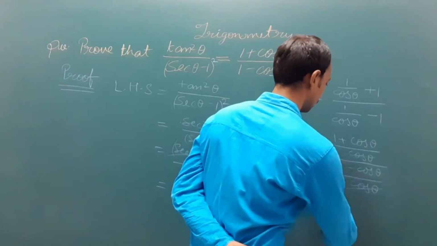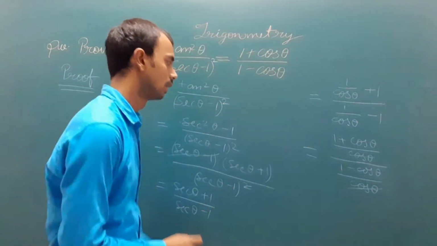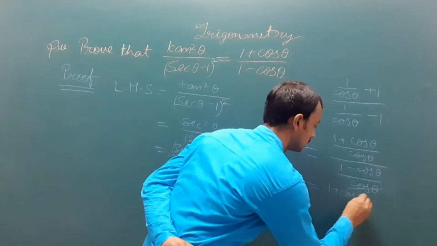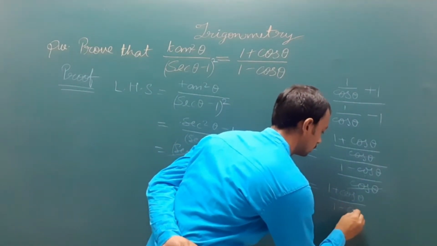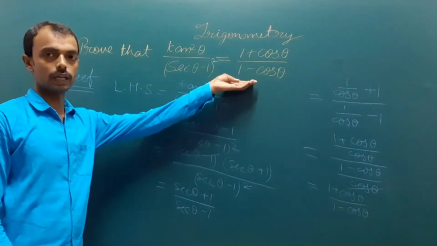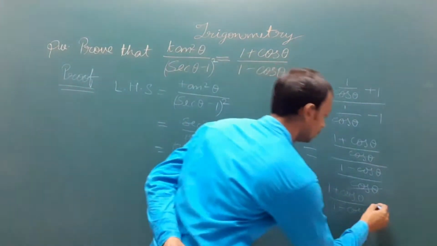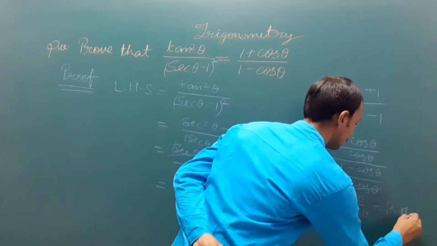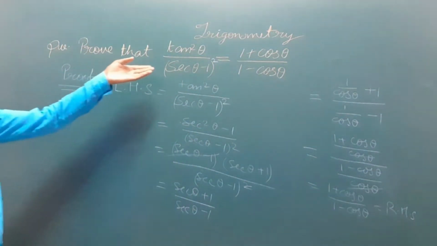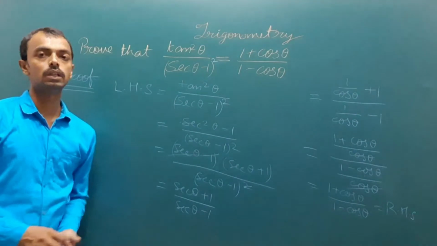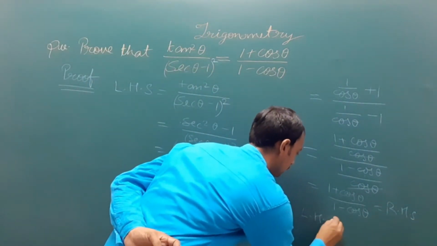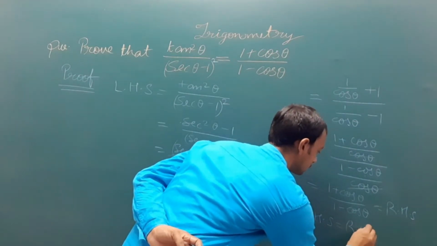So cos theta and cos theta will get cancelled. Okay, so we have 1 plus cos theta upon 1 minus cos theta, which is equivalent to the right hand side. So if we proved that left hand side is equal to right hand side, means we have proved the question. So we have LHS is equal to RHS.